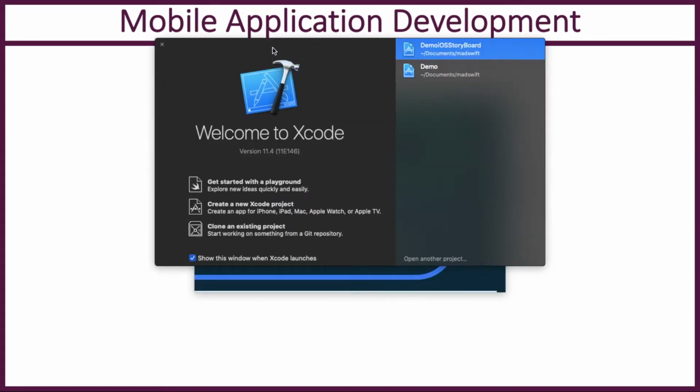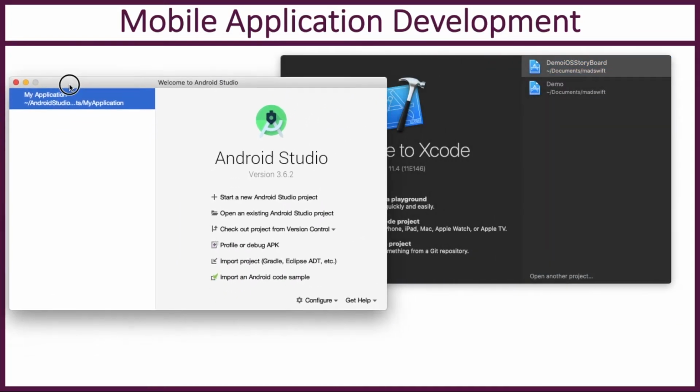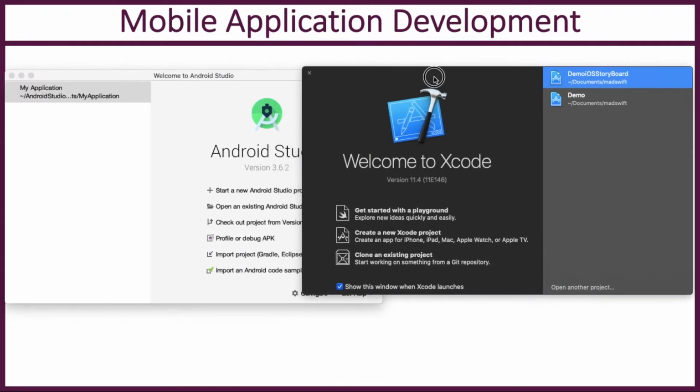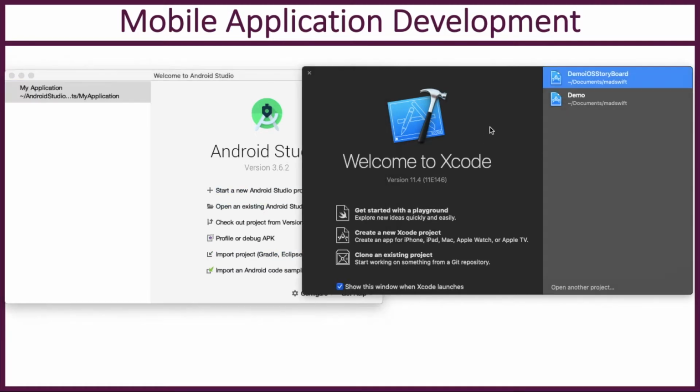So these two development tools are used to develop native applications. That means Android Studio is used to develop applications only for Android phones, and Xcode is used to develop applications only for iOS or iPhone. So this is called native application development.